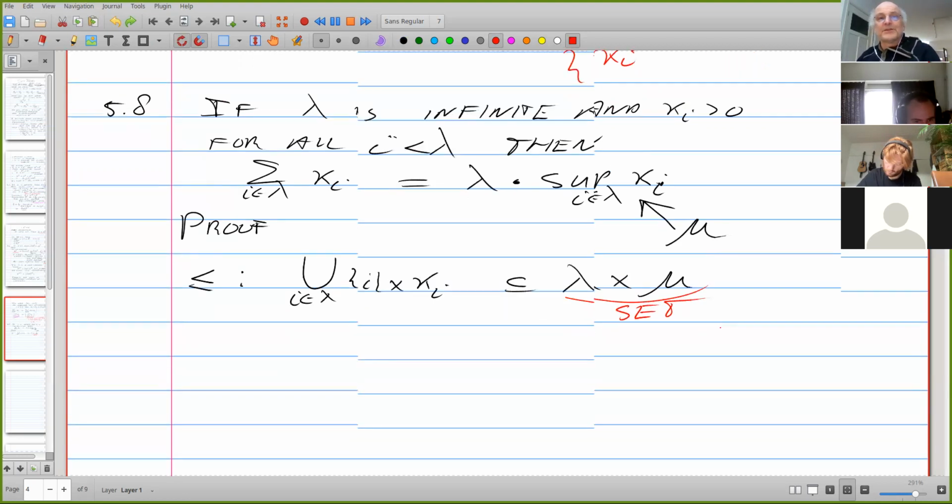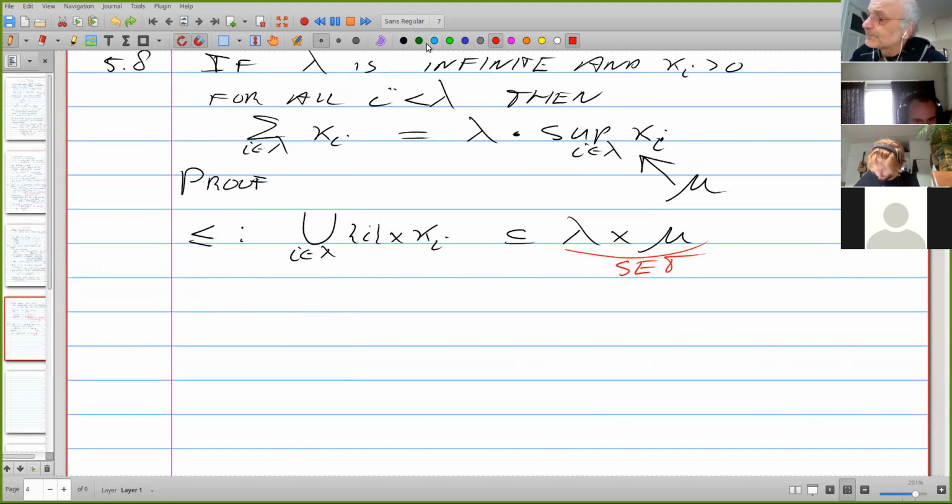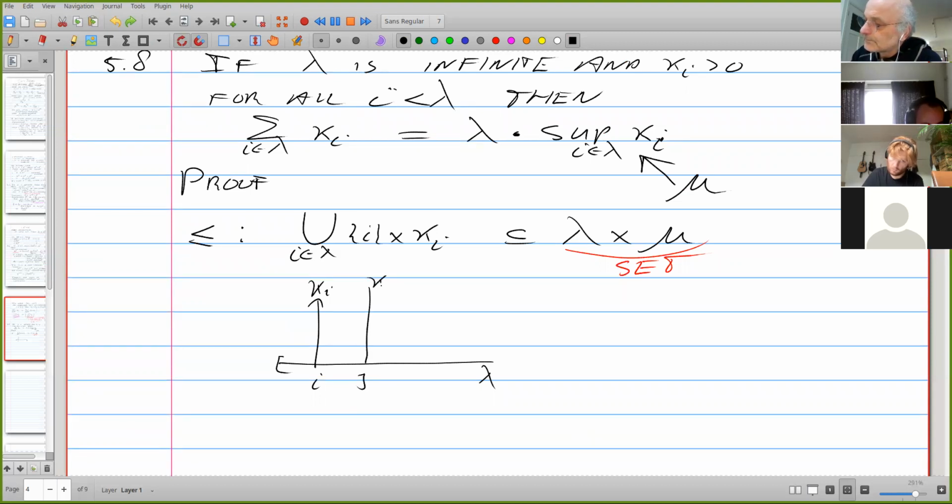And so the picture looks like this. This disjoint union kind of looks like this.